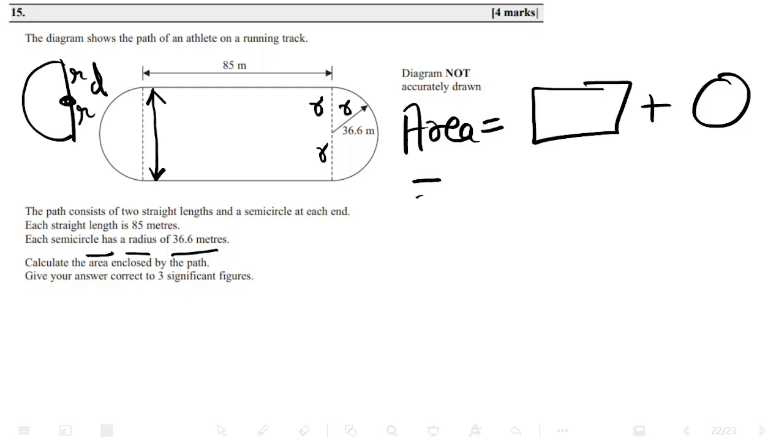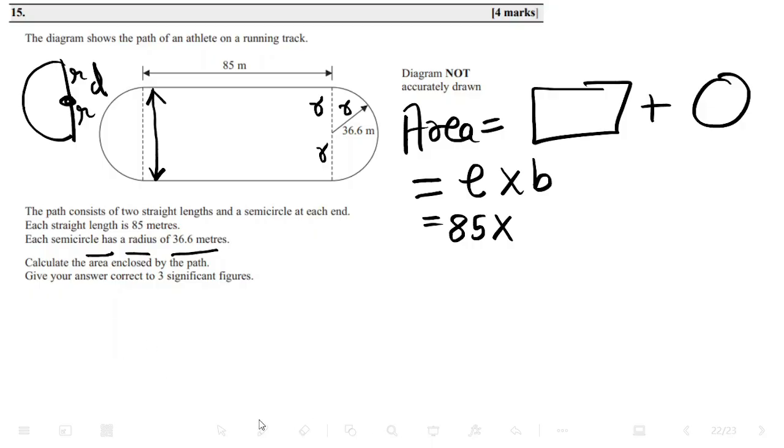Now see what is exactly happening. If we have to find the area of the rectangle, that is easy, because length and breadth. Length is 85. And what about the breadth part? Radius and then radius. So if we know the diameter, there is a very simple reason for this.